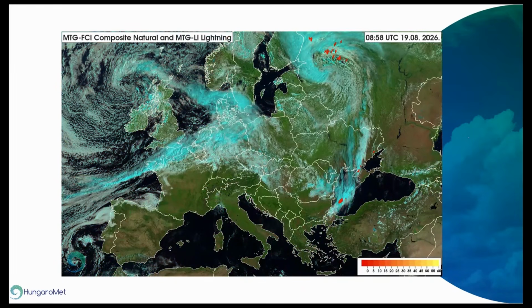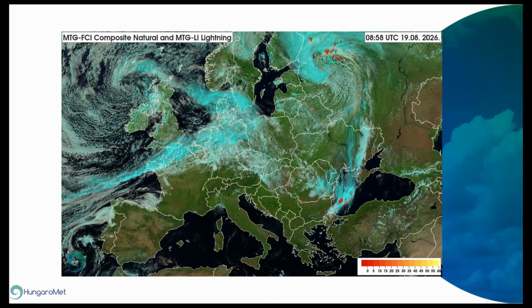With the composite natural and lightning images of MTG, we can also see that the convective storms and the lightning strikes are seen towards the east of the continent. This was at 9 UTC today, so since then there may also have been lightning over the northwest of Europe.